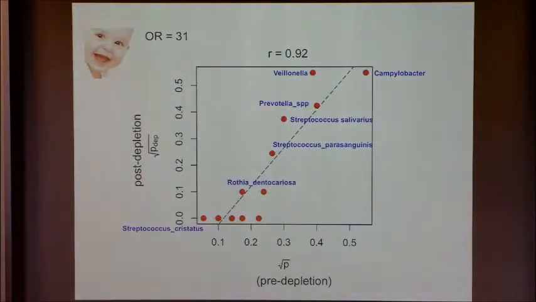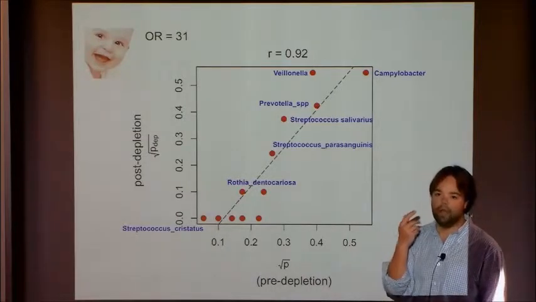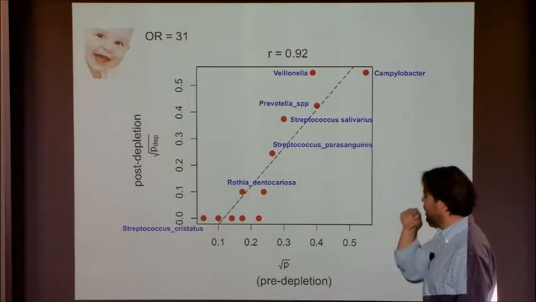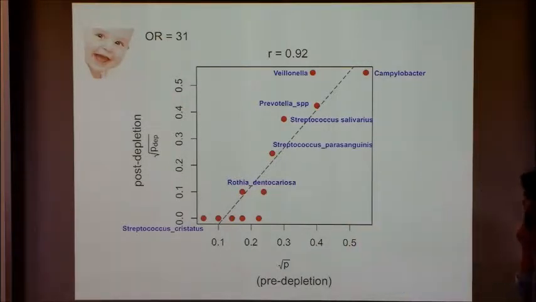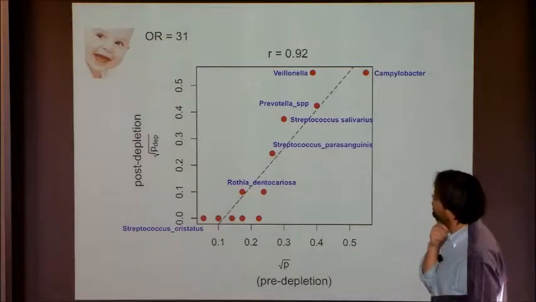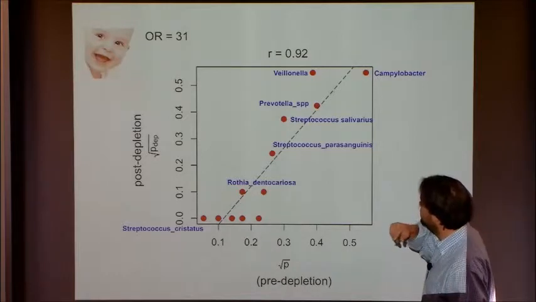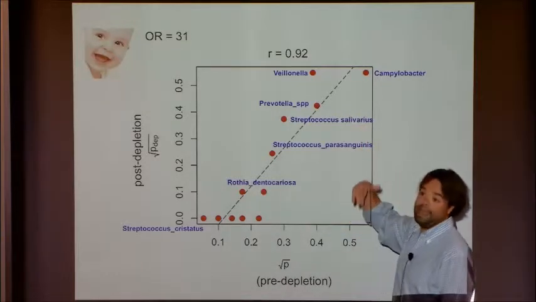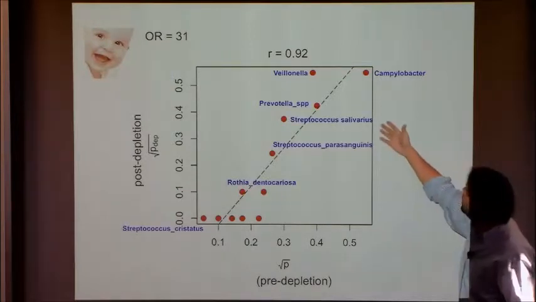One very logical thing to try is to ask, what's the frequency of the bugs pre and post capture? To spread things out so we could look at a bigger range, I plotted the square root of the frequency pre-depletion and post-depletion. The bugs make sense for what you'd find in somebody's saliva, a bunch of streptococcus samples.